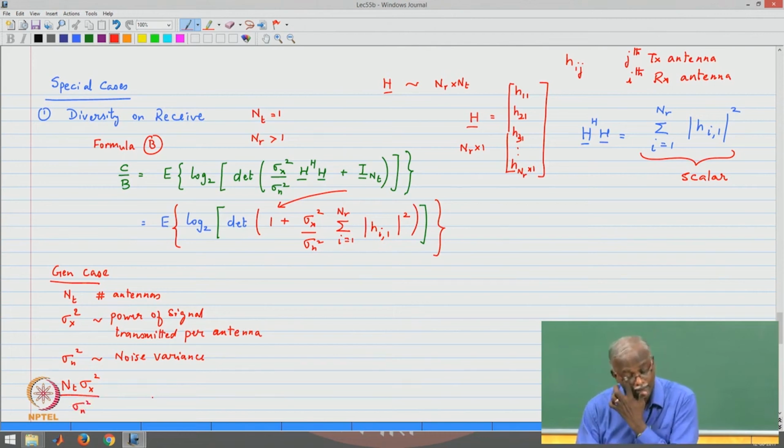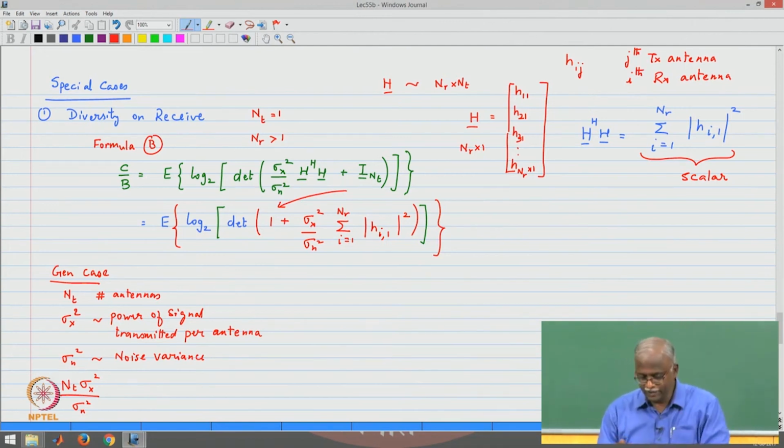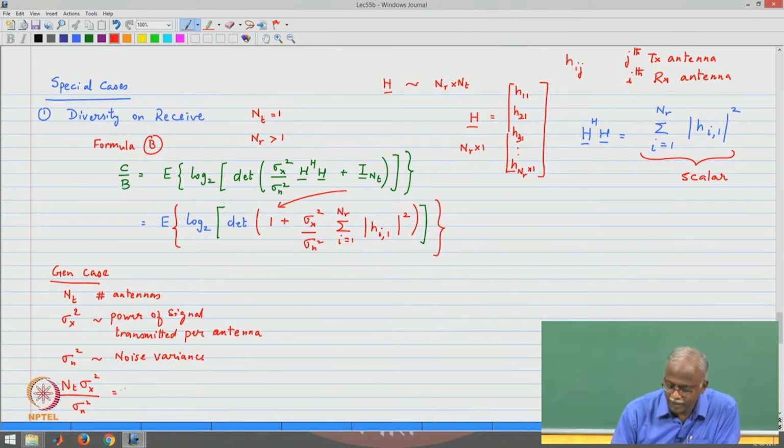Now, this is the signal to noise ratio based on the total transmitted power that each of the receive antenna sees divided by the noise, and this we would like to represent in terms of the variable rho as the SNR variable.